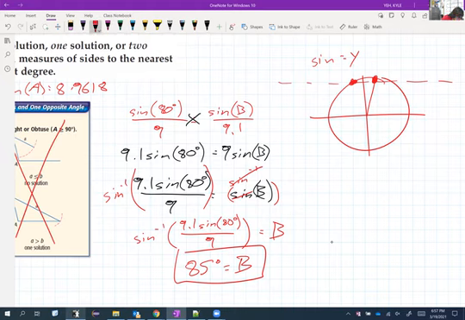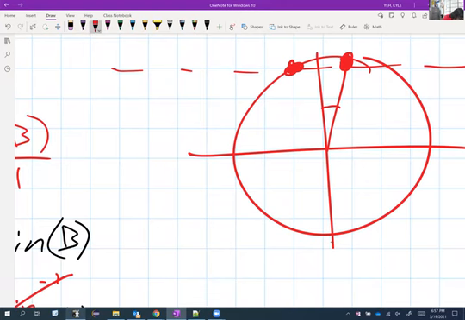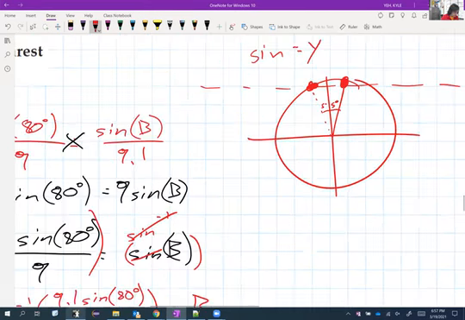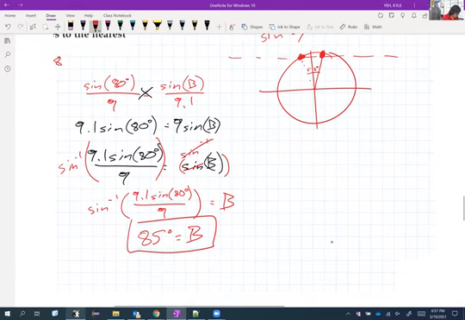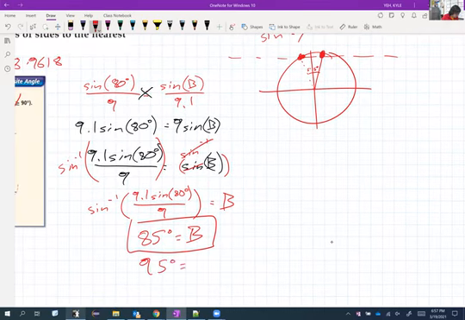We're saying that this, if I zoom in, is 5 degrees, because 85 is 5 degrees from 90. Well, then guess where we have to go to get the other angle that has that same y value? 5 degrees the other way from 90. What this is telling us is that B could be 85 degrees or it could be 95 degrees. Both of those have the same y value, they have the same sine value, and so both of them would work in this case.